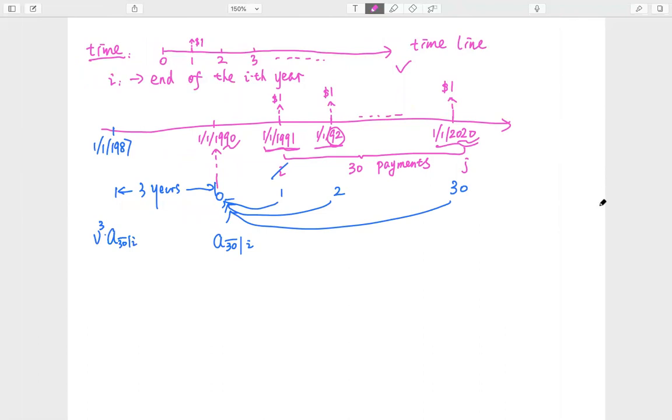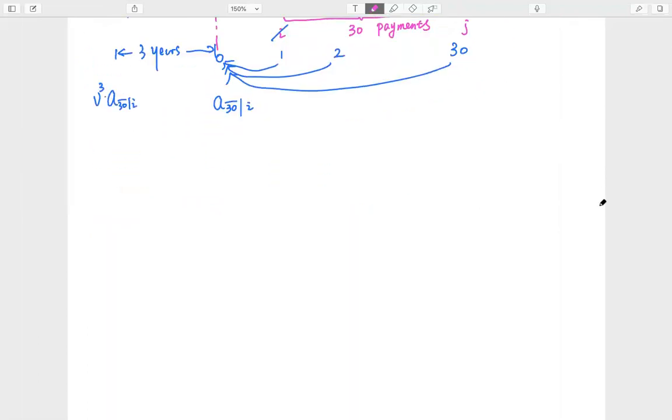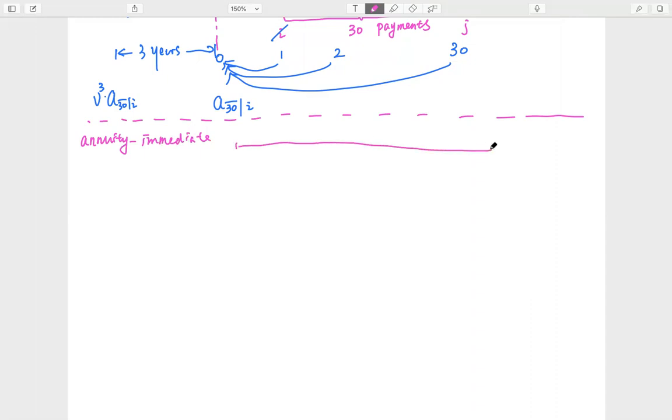Now, with that in mind, we are ready to review what we have studied. The first annuity we studied is the annuity immediate. Again, the timeline definitely helps. So now it's time 0, 1, 2, all the way to n.